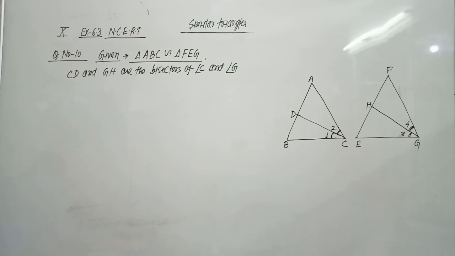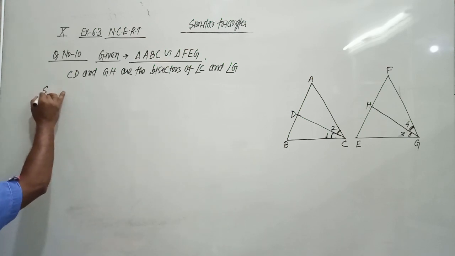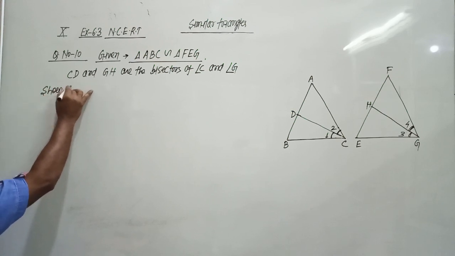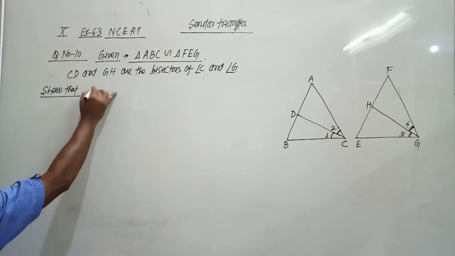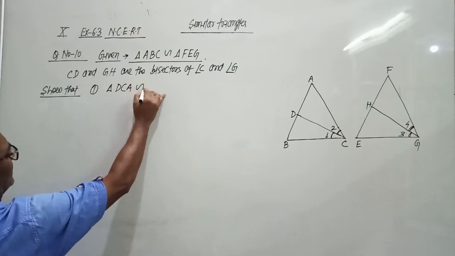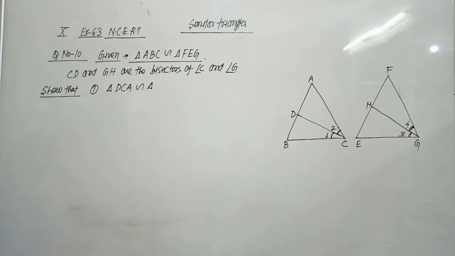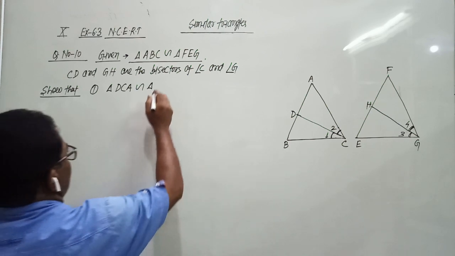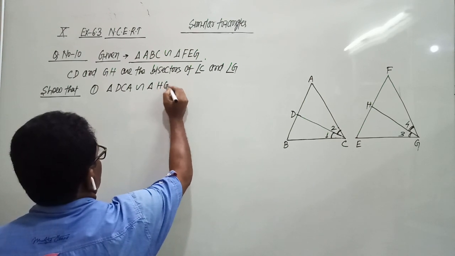Show that, the first part, triangle DCA is similar to triangle HGF.